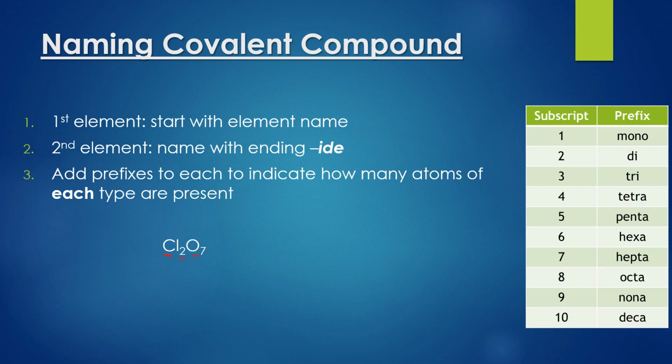No changes to the ending of this chlorine because it's the first element present. Now the second element, oxygen, we will change that ending to IDE, so oxide, and since there's 7 of them, we need to add the prefix of hepta. So we get dichlorine heptoxide.